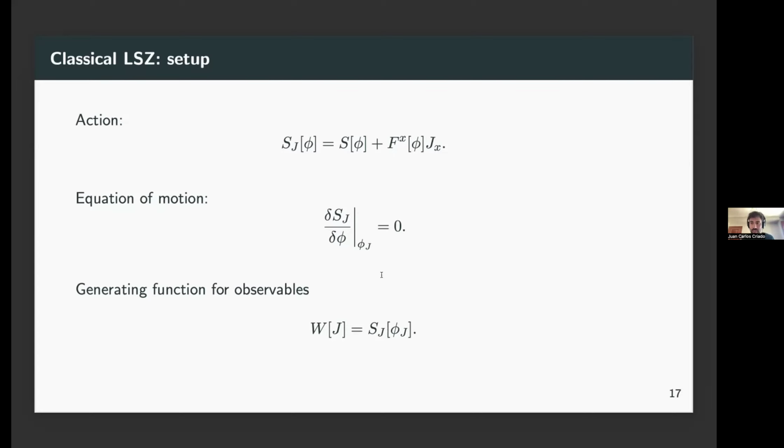The only thing that you can really measure is the self-interactions of J once you integrate out phi. And classically, you can just do that. So you have an effective action, which depends on J. This contains the self-interactions of J, and those are your observables. And this is just the action evaluated at the field solution. So we want to see what happens to the field and what happens to this effective action near these poles.